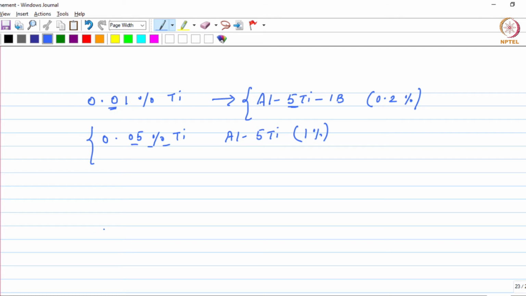So typically about 0.01% titanium and 0.003% boron is used for most of the grain refiners, and the other factor which plays a role is the titanium to boron ratio.